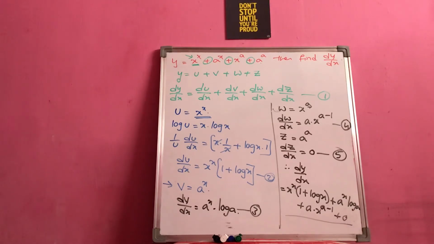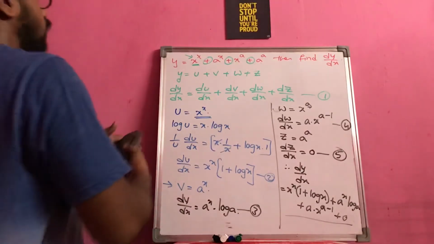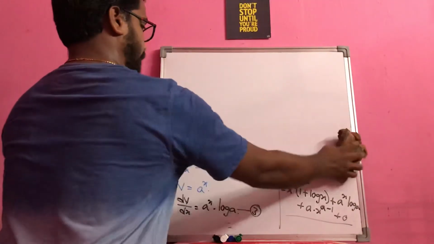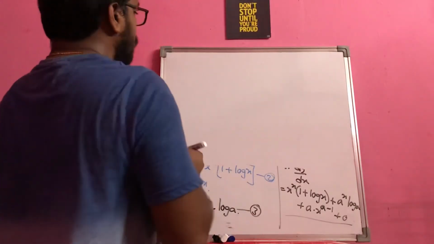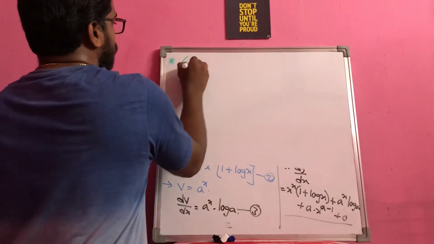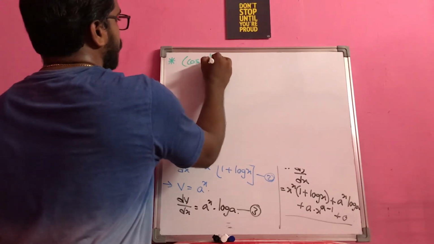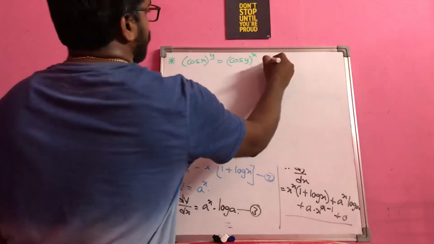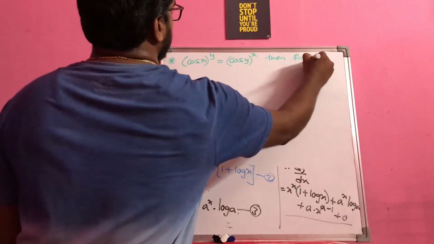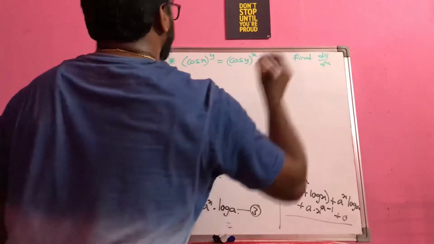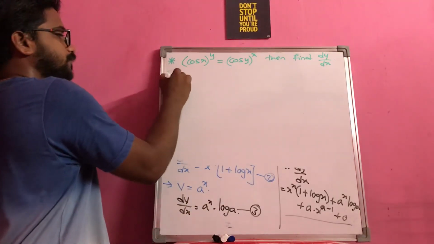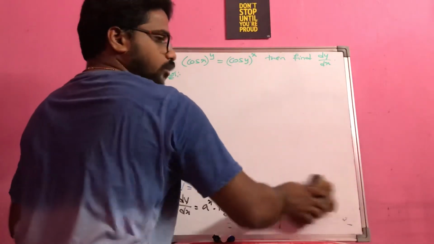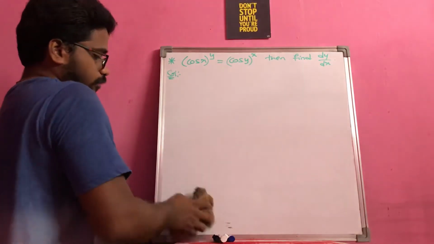Take down this question. (cos x) whole power y is equal to (cos y) whole power x, then find dy by dx. Let us simplify this question.